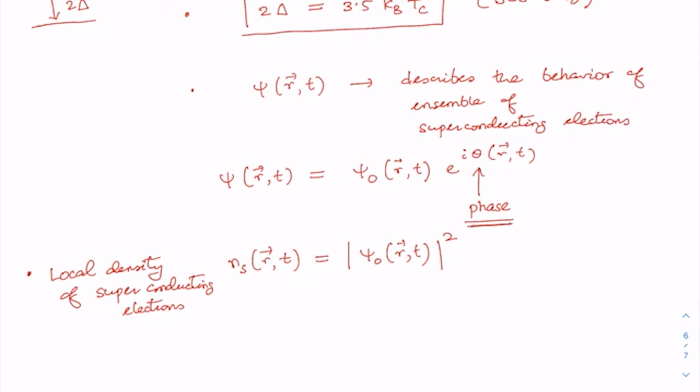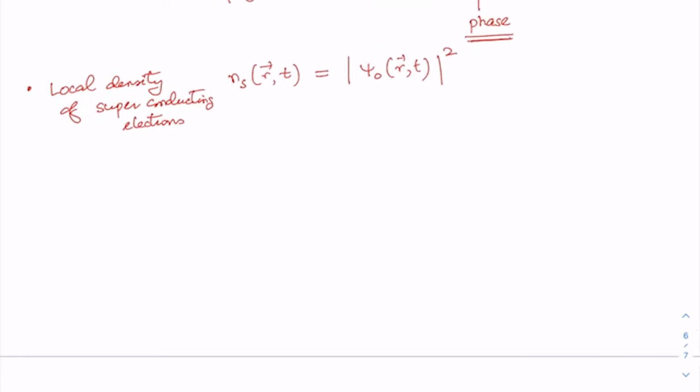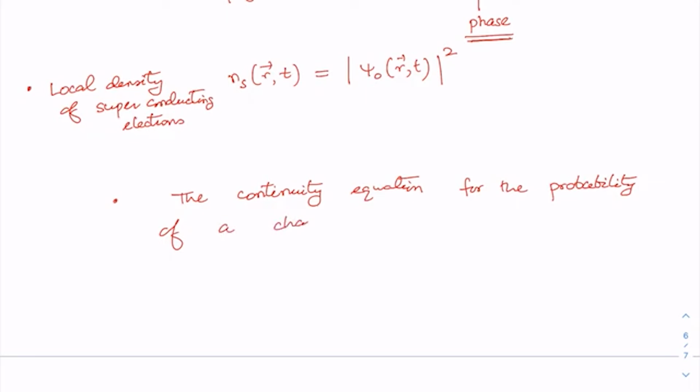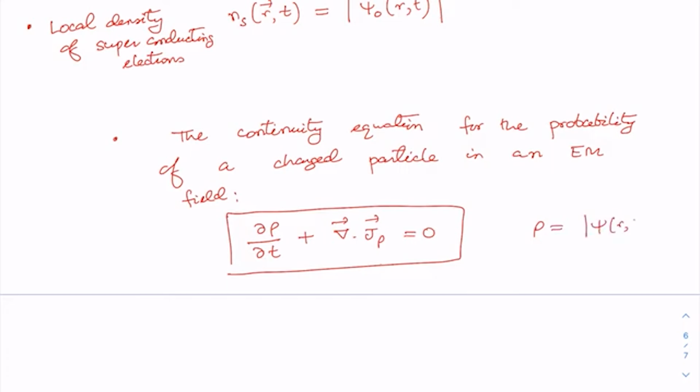We can understand it if we consider the continuity equation for the probability of a charged particle in an electromagnetic field. I will explain all these things. In our case, the charged particles are the superconducting electrons, and the continuity equation can be derived as ∂ρ/∂t plus the divergence of j_ρ is equal to 0, where ρ is |ψ(r,t)|².